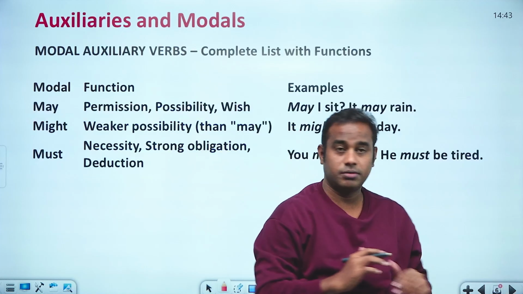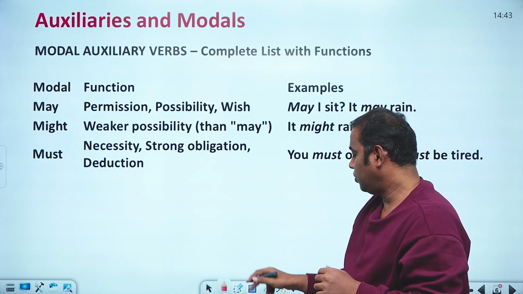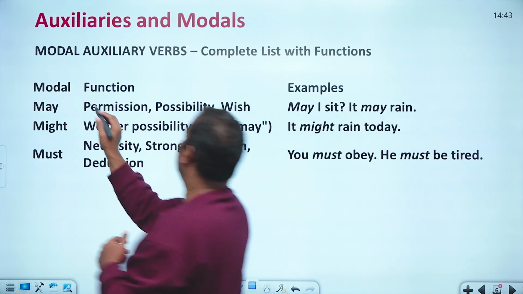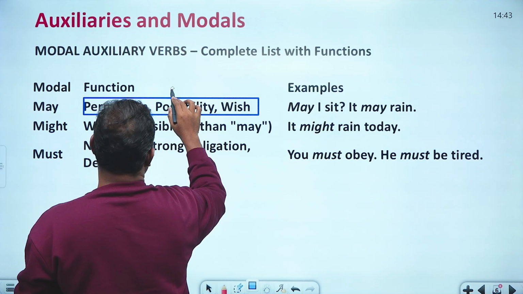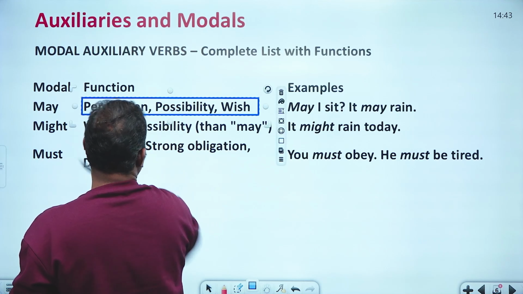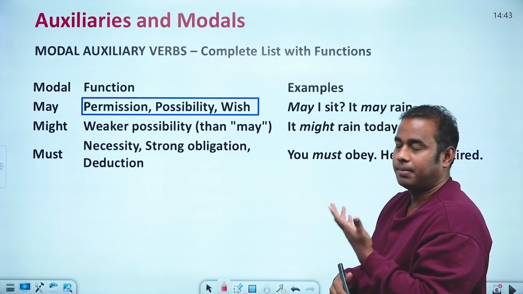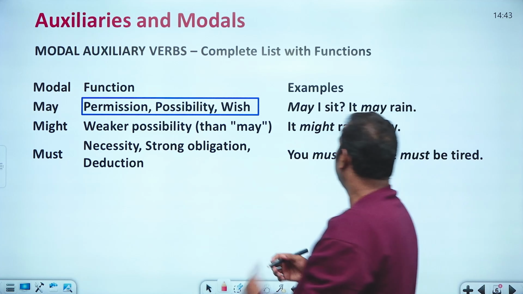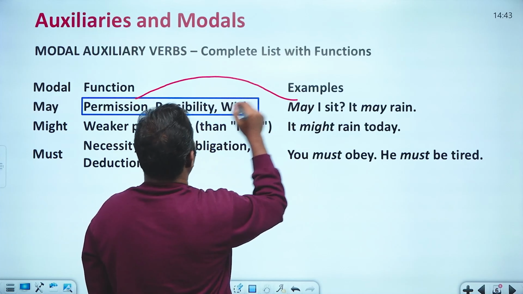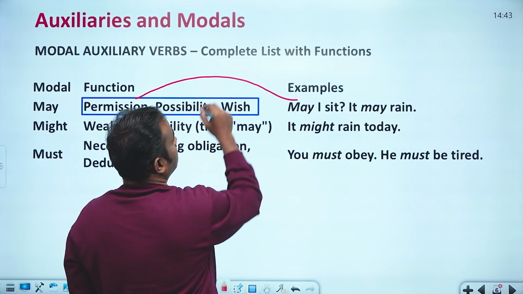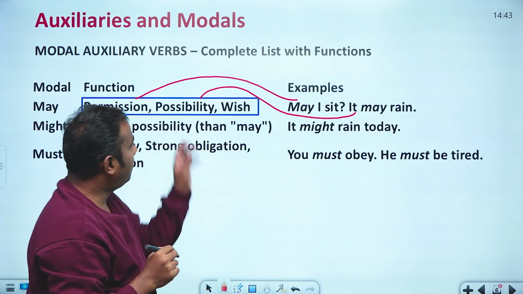The next ones here: may, might, must. Where do we use may? May is used whenever you want to ask permission, possibility, and wishes. In these categories we use may. Permission, possibility, wish. May I sit? You are asking permission. Then it may rain. This is the possibility.